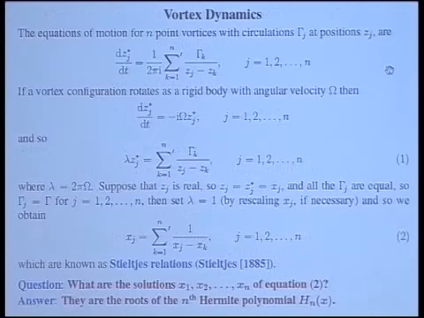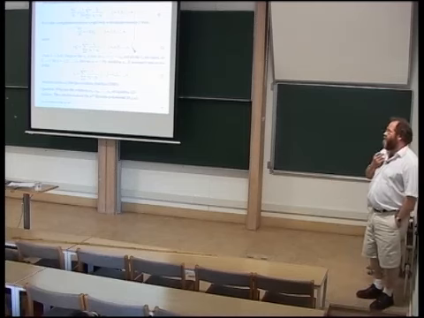So how does this relate to vortex dynamics? Well, firstly, if we look at the equation of motion for n vortices with circulations gamma_j, positions z_j, these are the equations of motion. In this first case, I'm taking the case where there's going to be no background flow at all.